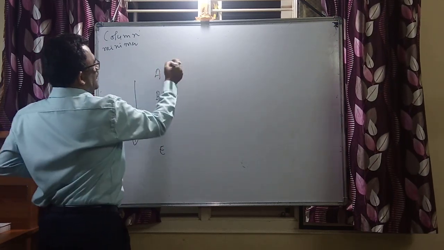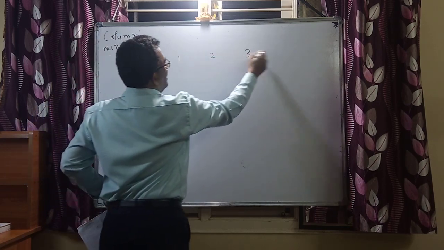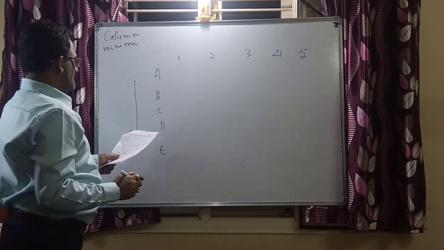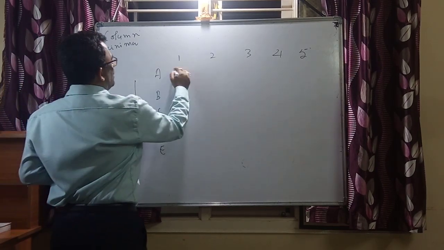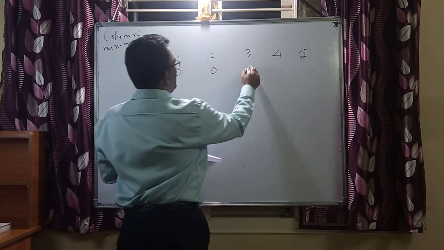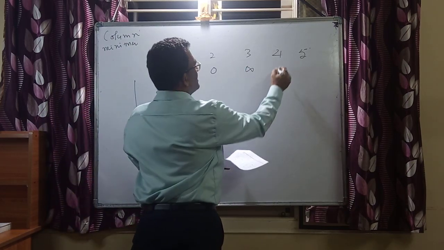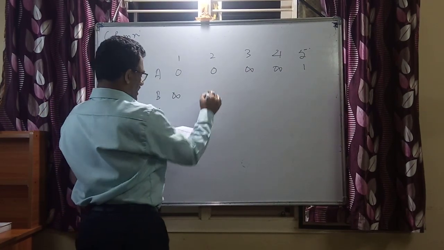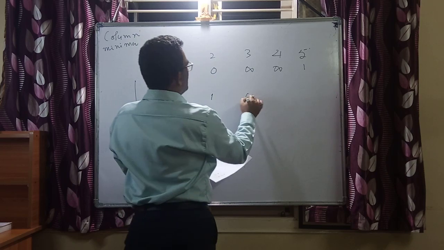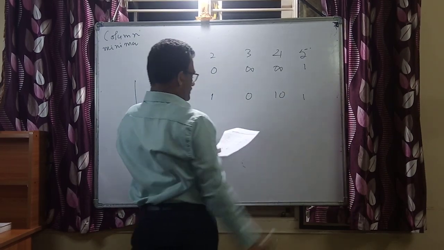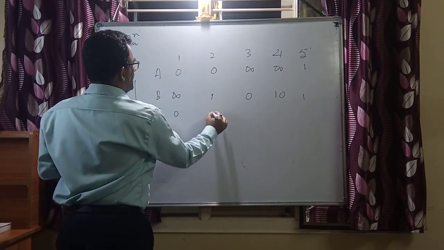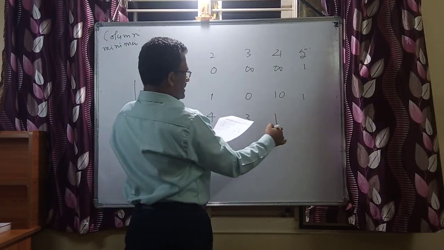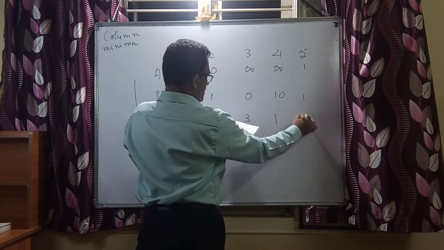The jobs and operators 1, 2, 3 and then 4 and 5. 5 is dummy. Now I'm going to have this column with the values as 0, 0, infinity, again infinity, and 1, infinity here, 1, 0, 10, 1, 0, 4, 3, 1, that is a retained 1, that is 0 here.